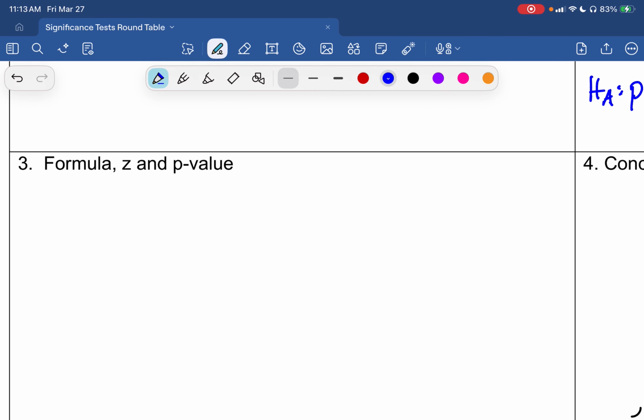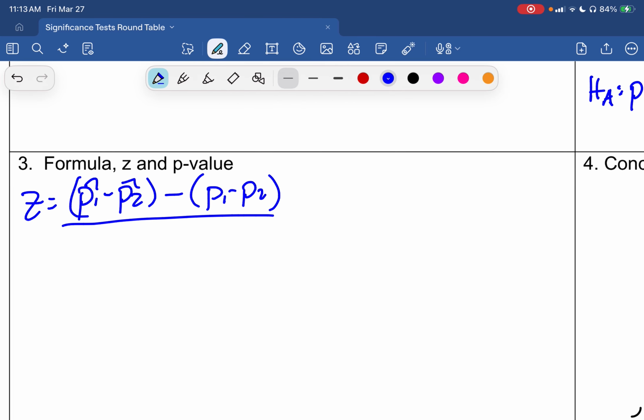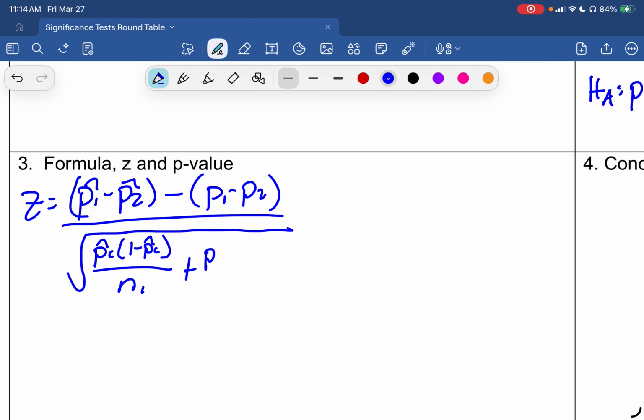Again, you check the conditions. I'm here to provide you with your formula. So P1 hat minus P2 hat minus P1 minus P2, over our formula here of PC hat times 1 minus PC hat over N1 plus PC hat times 1 minus PC hat over N2.